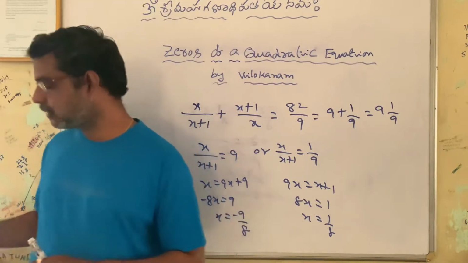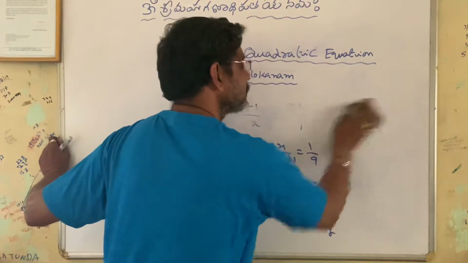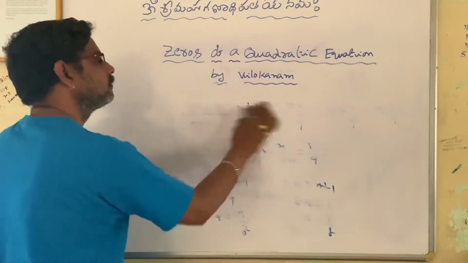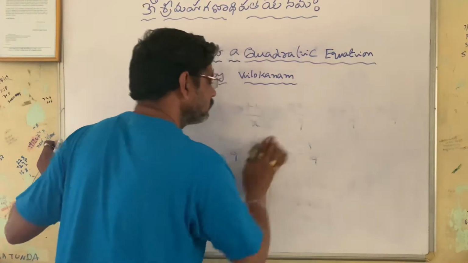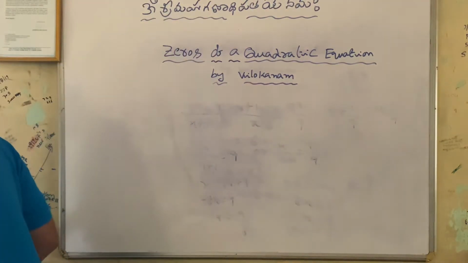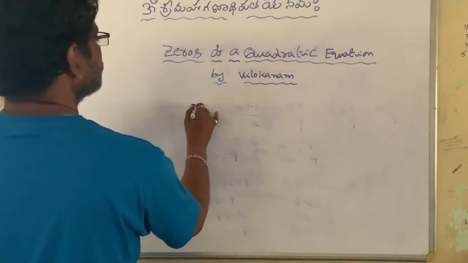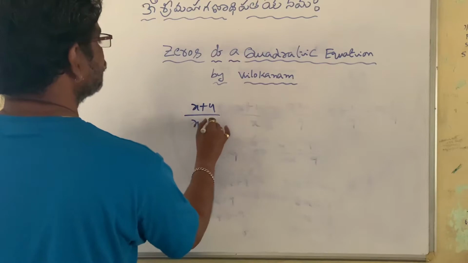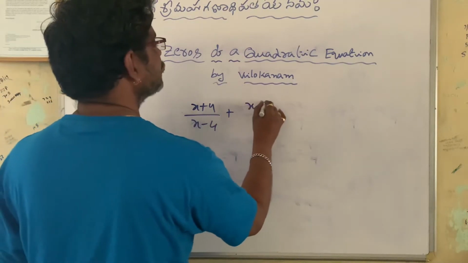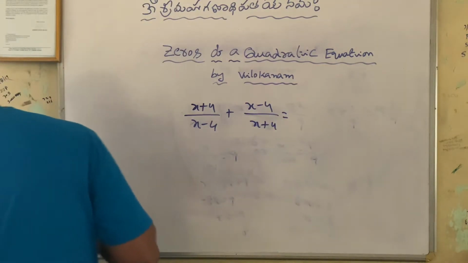Let us consider one more example: x plus 4 by x minus 4 plus x minus 4 by x plus 4 is equal to 10 by 3.